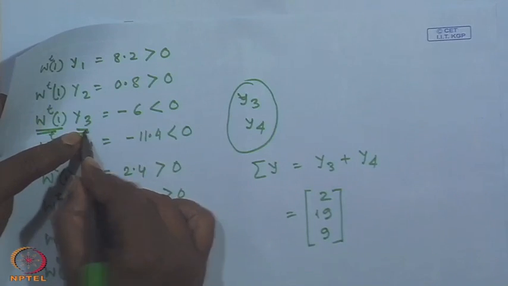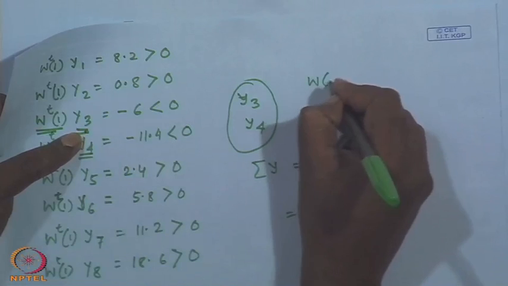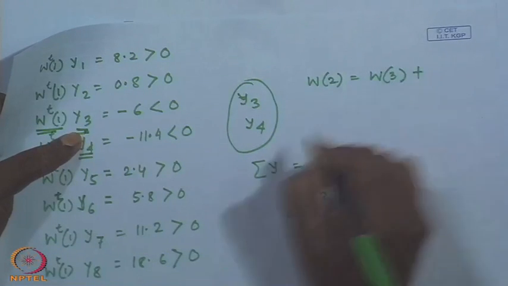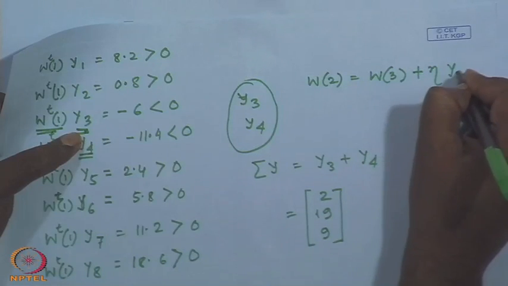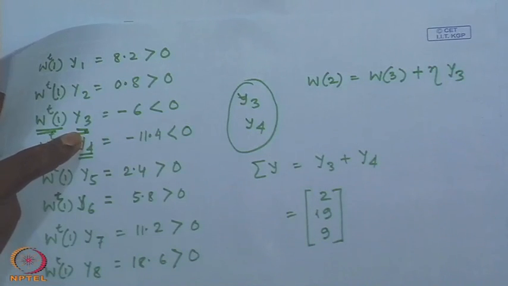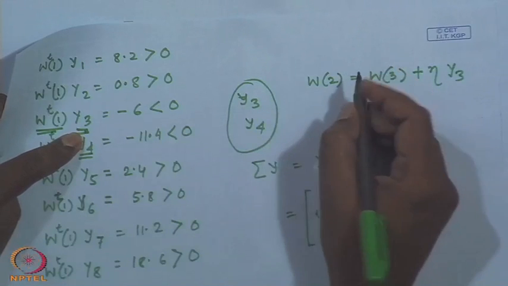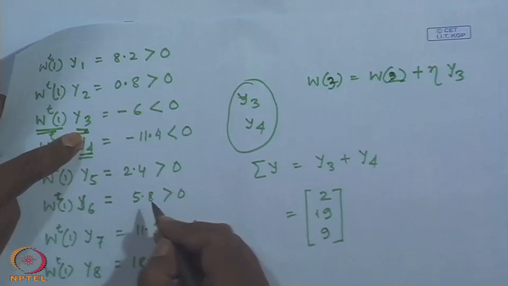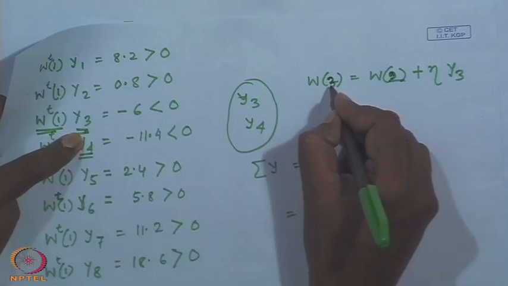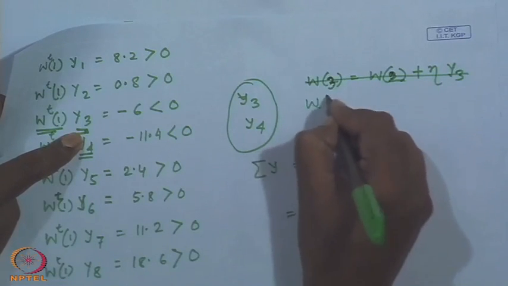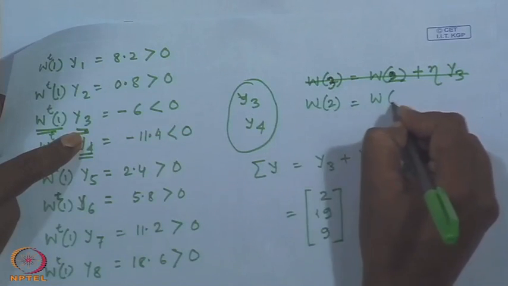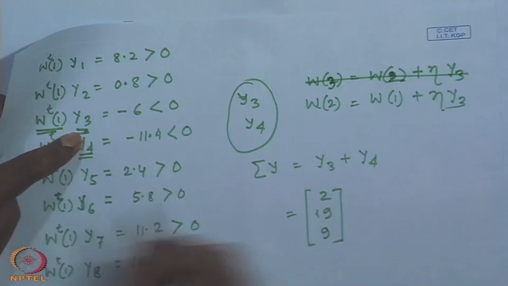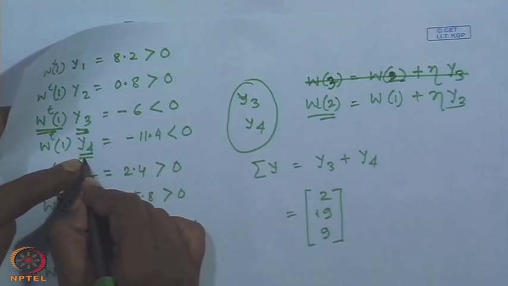Immediately I use this Y3 to get W2. Sorry, W2 is equal to W1 plus eta times Y3, and maybe this W2 will correctly classify Y4.